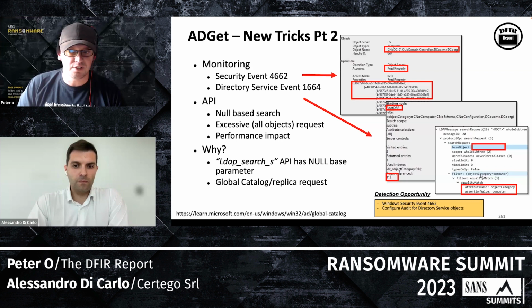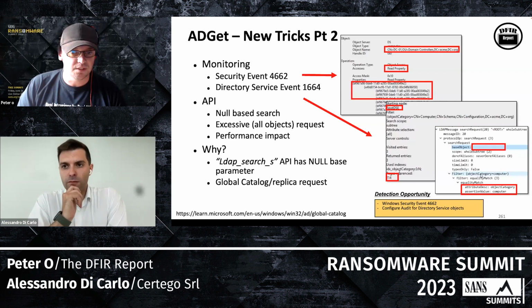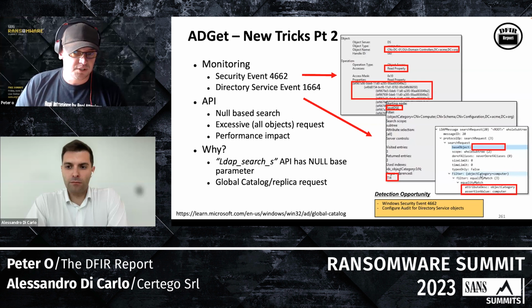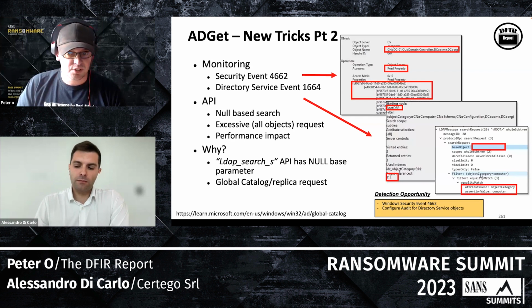That's a very high number of attributes, and this is largely due to the global catalog replica requests. Also, we discovered the use of a null-based search that was implemented in ADGet, so effectively this was requesting everything in the AD forest. And for a computer object, fewer than 30 attributes were successfully returned.